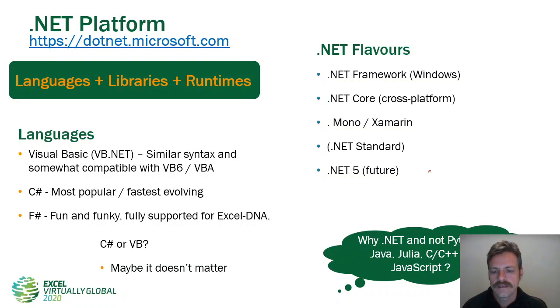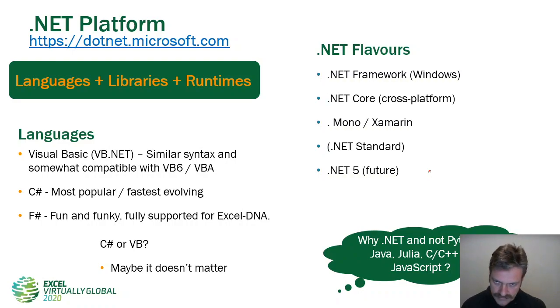It is popular amongst people who like something that is very succinct and powerful, and are not bothered by the fact that it's not used very widely. I should make clear that F# is completely supported by Excel DNA for all the functionality. All three of these languages you can do anything with. And so the choice between C# or VB maybe doesn't matter so much.